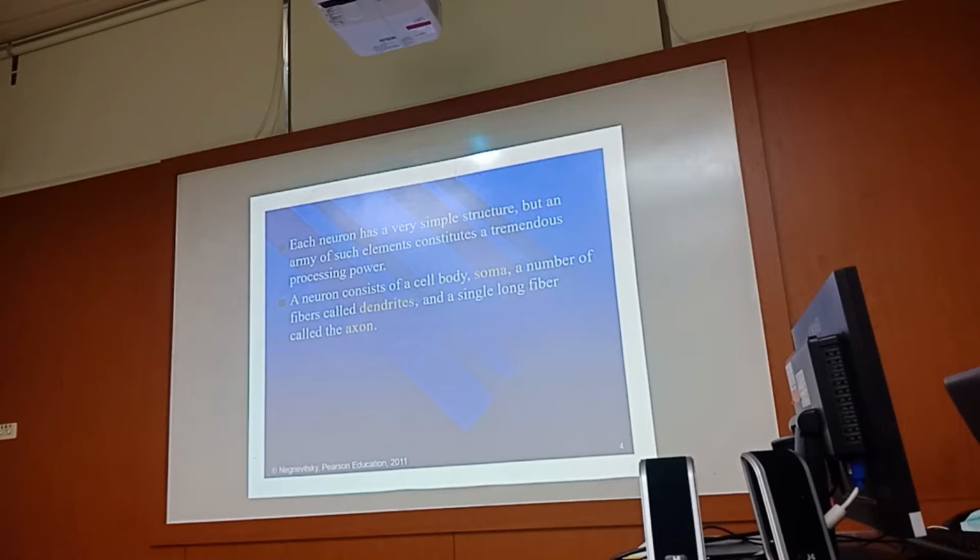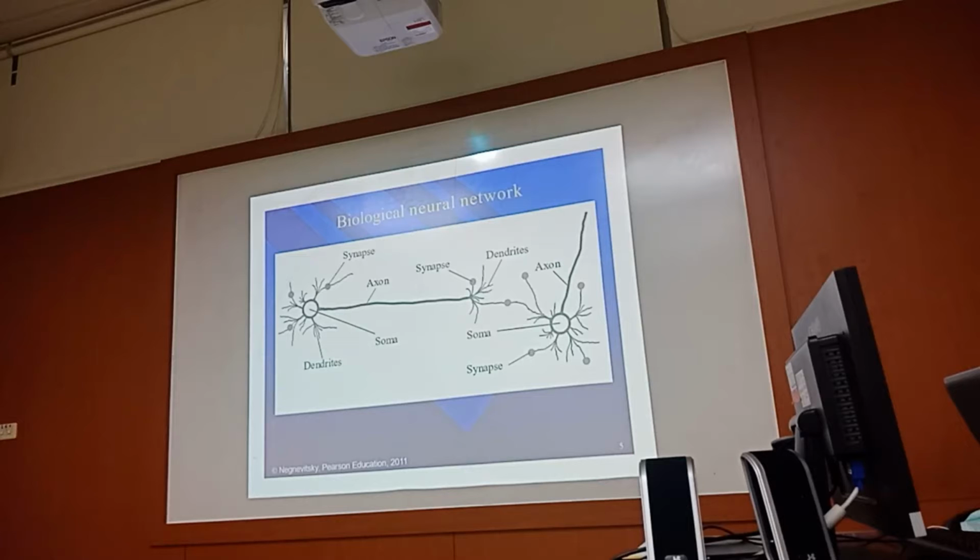A neuron consists of a cell body, a soma, a number of fibers called dendrites, and a single long fiber called an axon. It is like this.